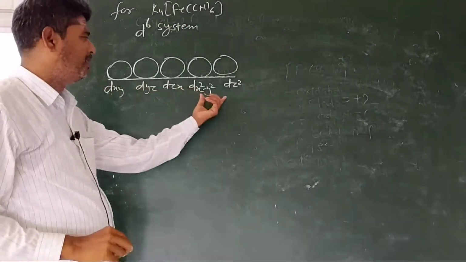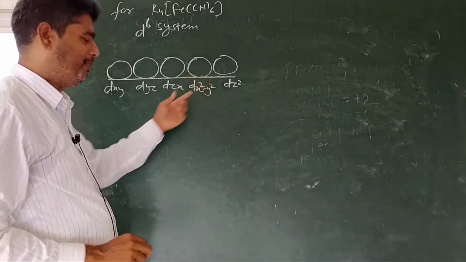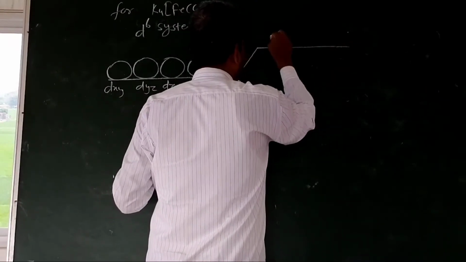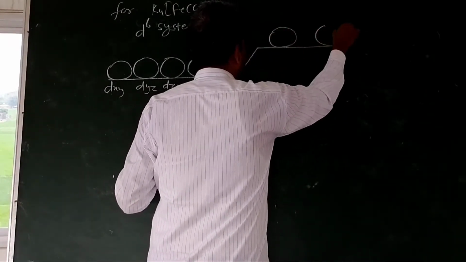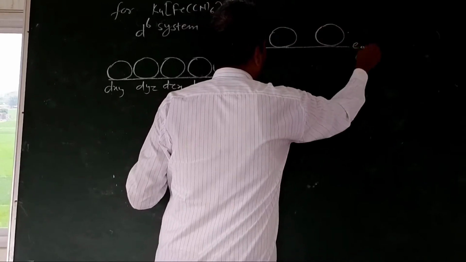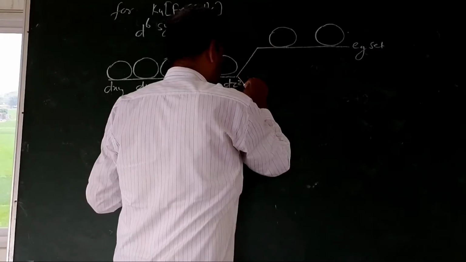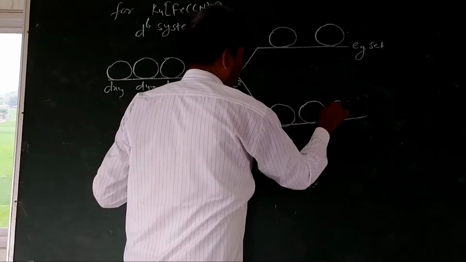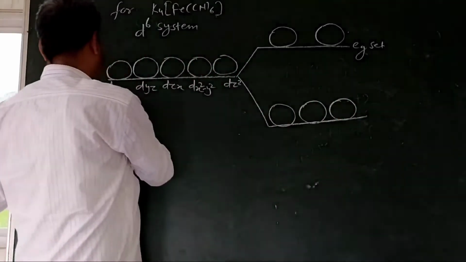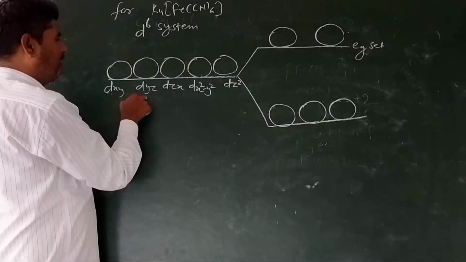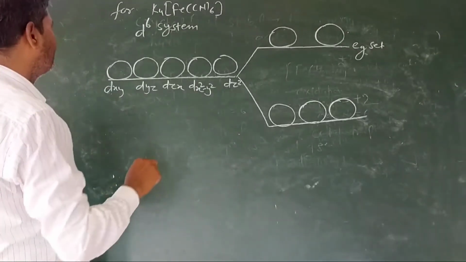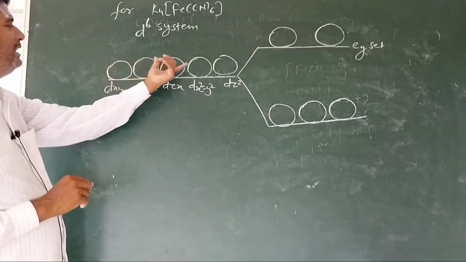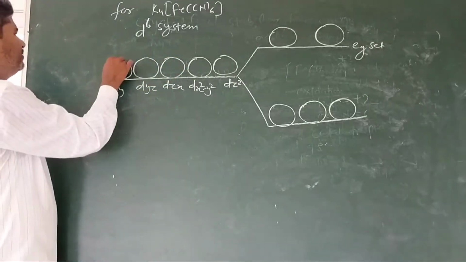The axial orbitals acquire the high energy level, the EG state, and the non-axial orbitals, dxy, dyz, dzx, acquire the lower level. Now 6 electrons are distributed in the d orbitals according to Hund's rule.